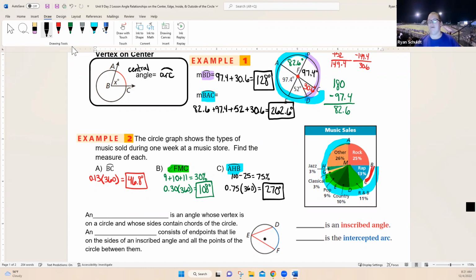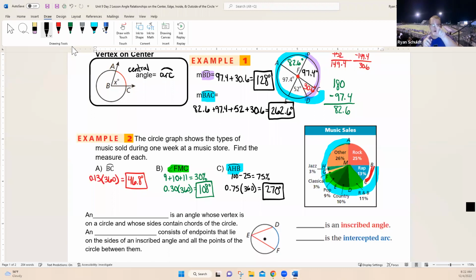Now, just a little fun fact for you. This is actually the reverse of how you would build a pie chart. If you were to take statistics, which I teach dual credit statistics, when you go to teach a pie chart, if you know rap is 13% of your vote, then you would do 0.13 times 360.